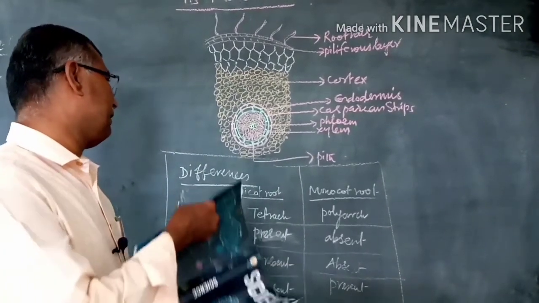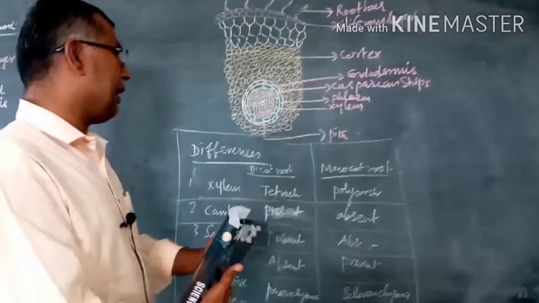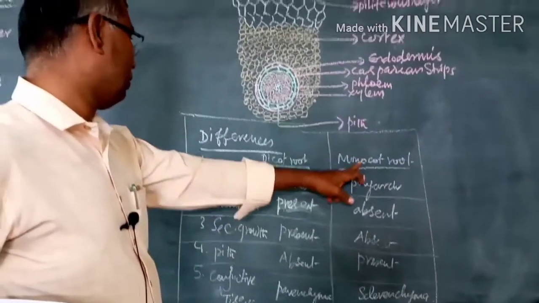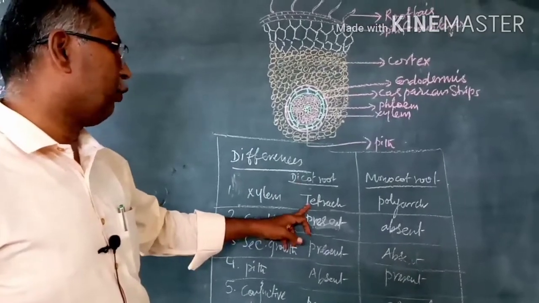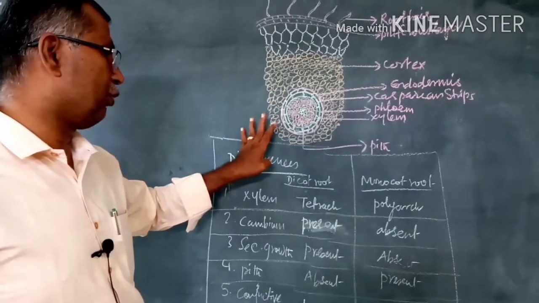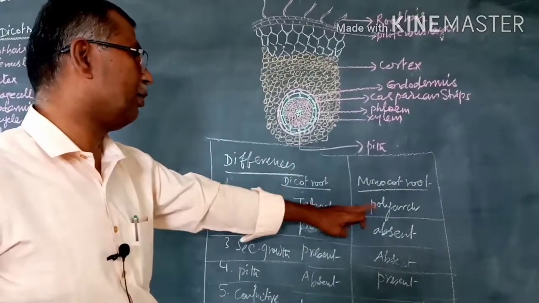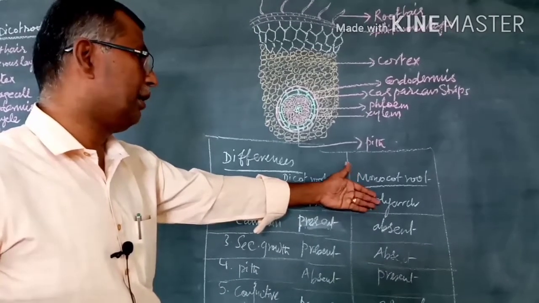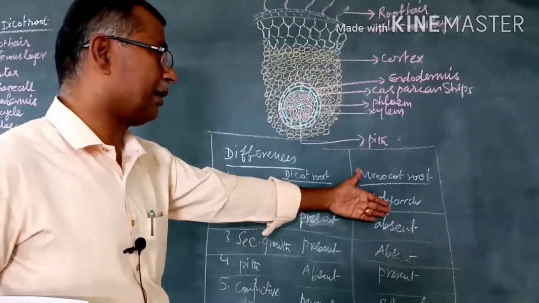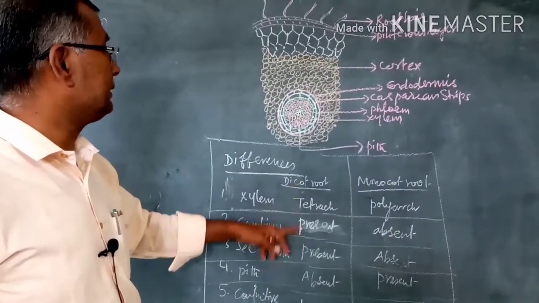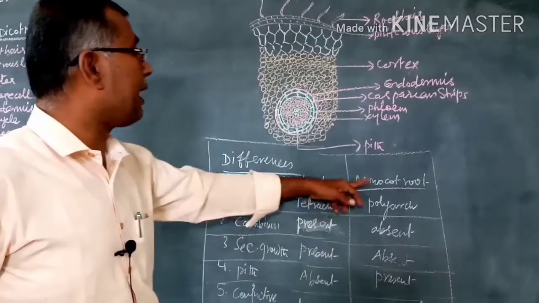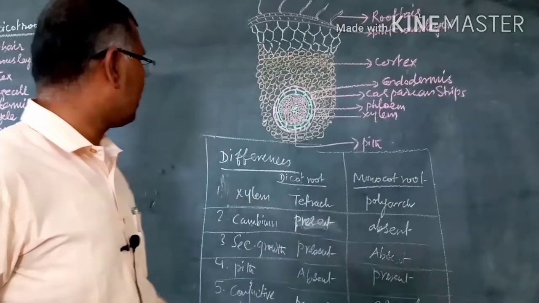Then what are the differences between the dicot root and monocot root? Xylem: in dicot root it is only tetrarch, 4 xylem and 4 phloem are present, but in monocot root many xylem and phloem are present, so we call it polyarch. Cambium is present in dicot root but absent in monocot root.